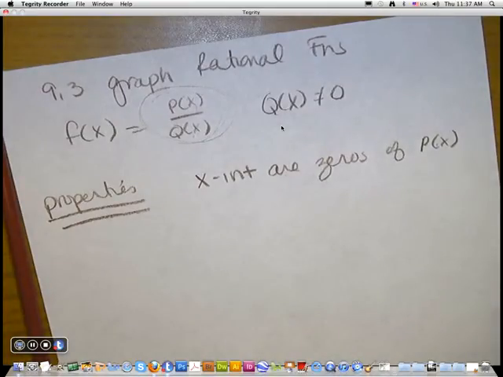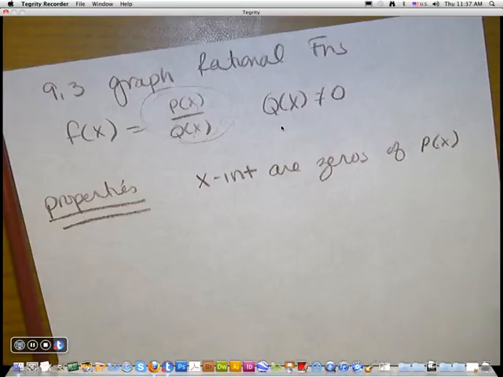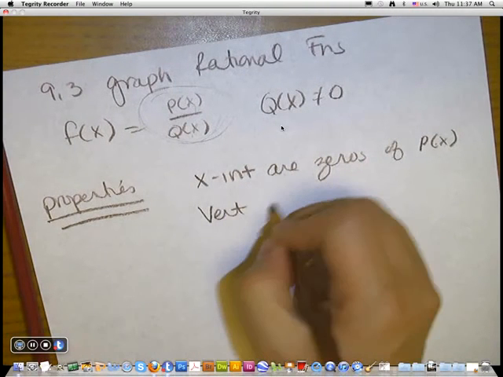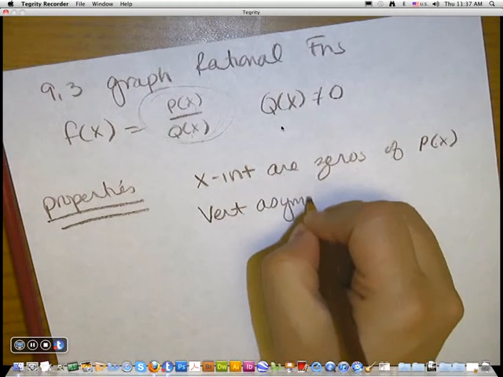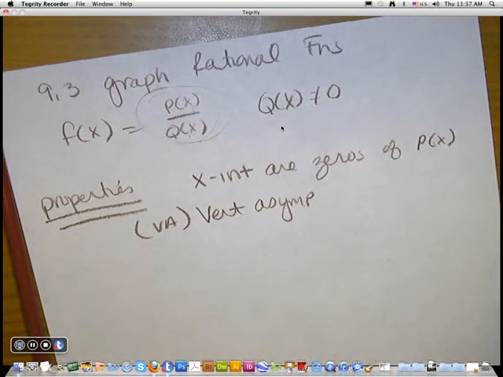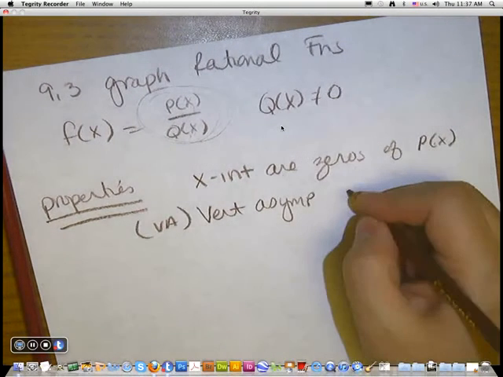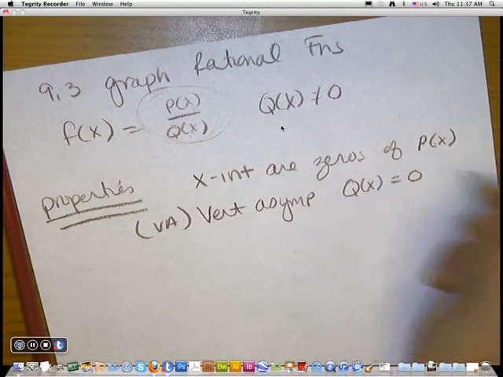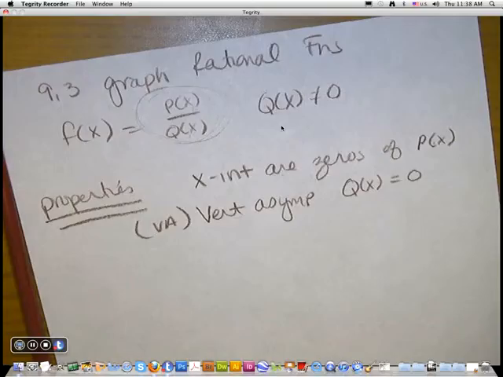That gives you where you're going to cross the x-axis. The vertical asymptotes, and we'll abbreviate that as VA from here on out, is when the denominator is equal to 0.